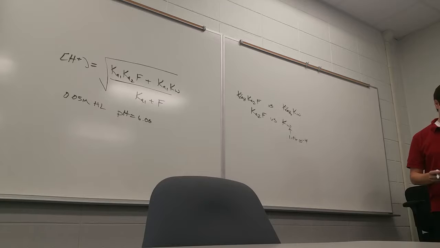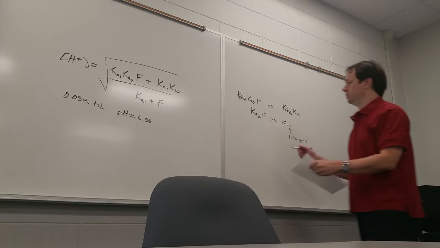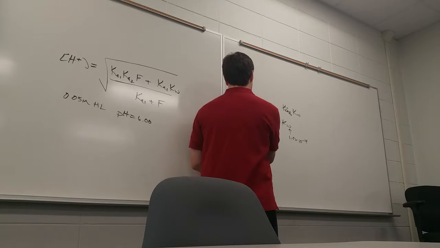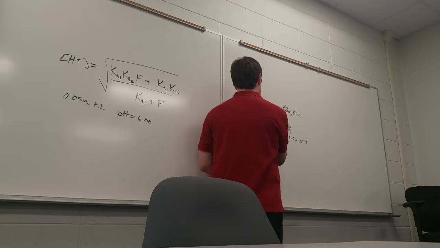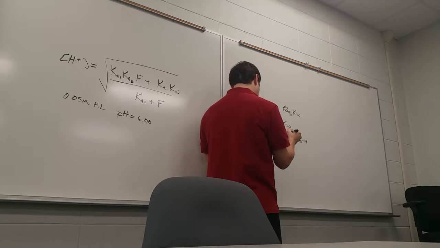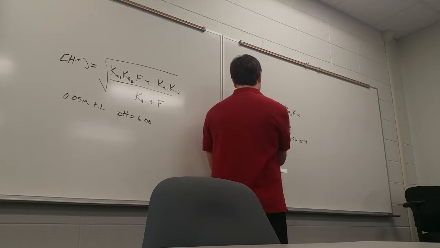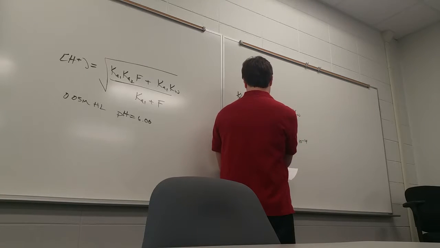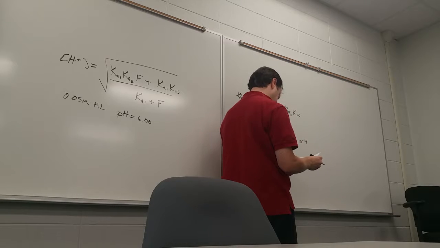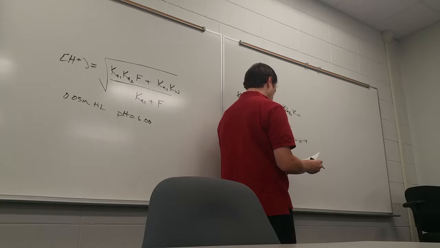The previous example, I said the Ka2 was 2.13 times 10 to the minus 12, F was 0.05. So that comes out to 8.75. Whoops, no, that wasn't right.